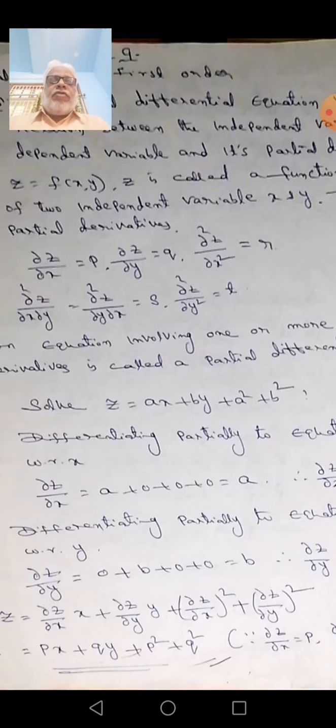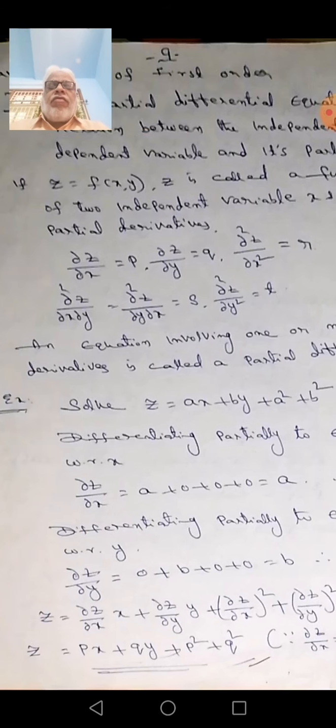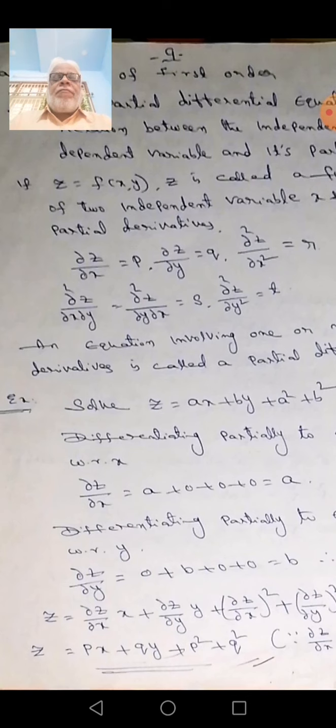Dependent variables means those with respect to which we have to find the derivatives. The others are independent, meaning constants. We take the derivative of the dependent function only. Other terms we take as constants.